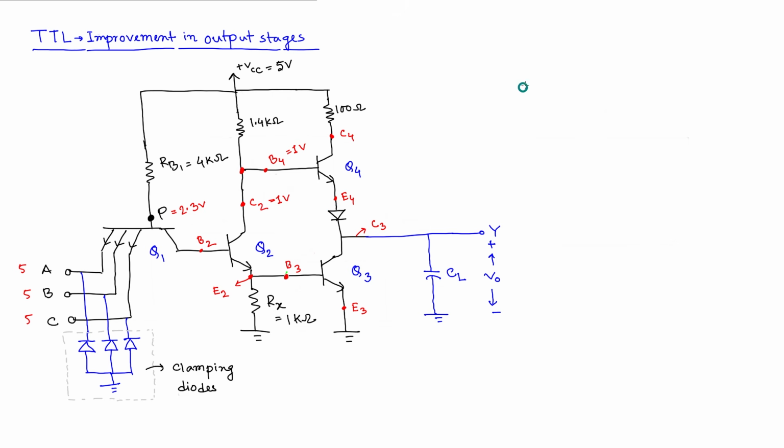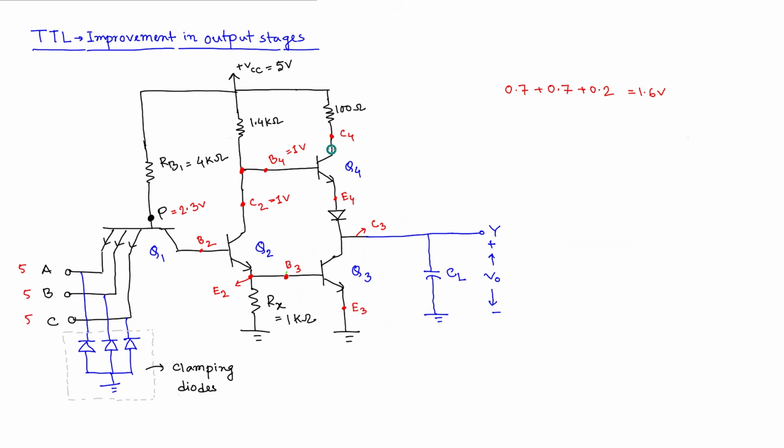So 0.7 plus 0.7 here, and already we have 0.2 here from the saturation condition. So 1.6 volt is required at B4 if I want Q4 to be turned on and also this diode to turn on, which is not possible.